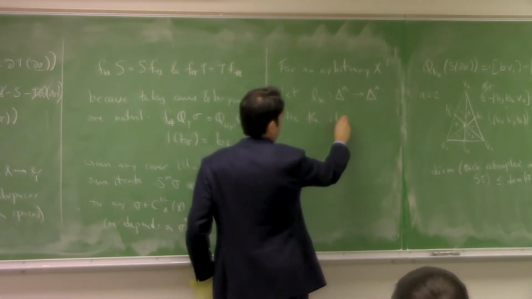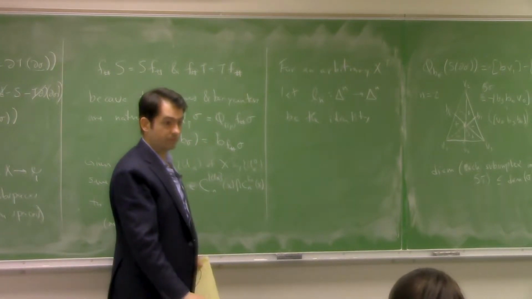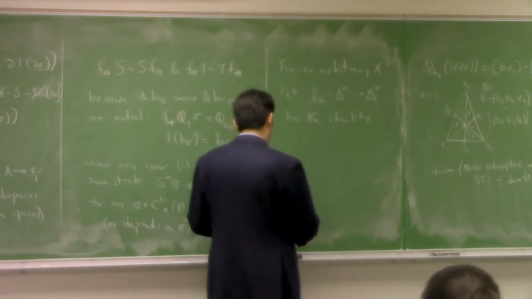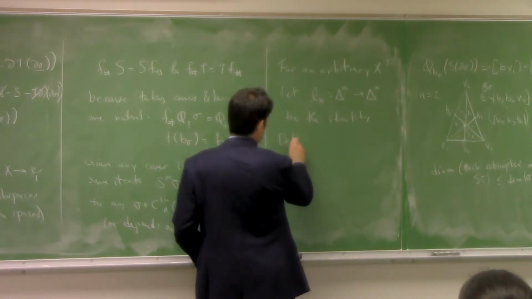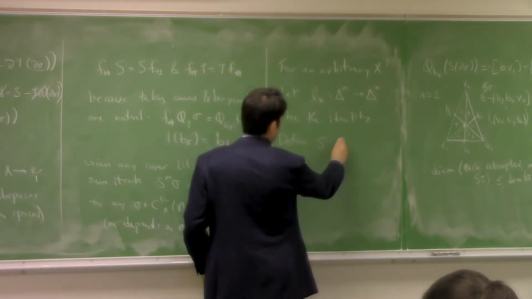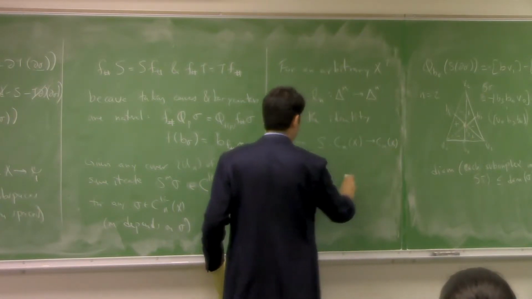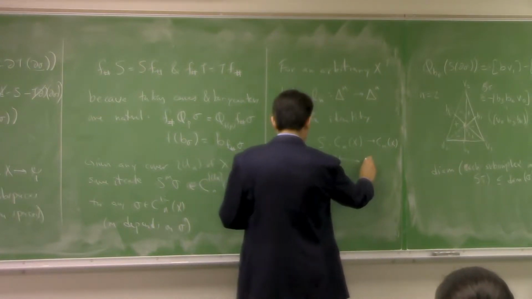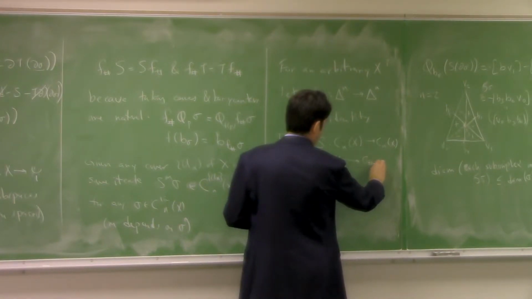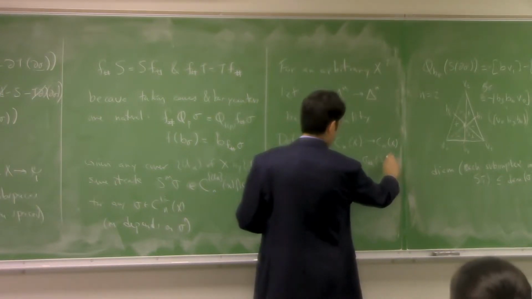It's just the identity. So define S from C_n x to C_n x by sigma goes to sigma sharp S of L_n.